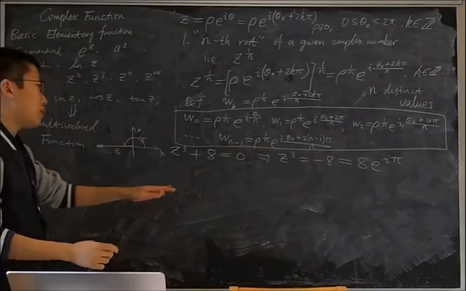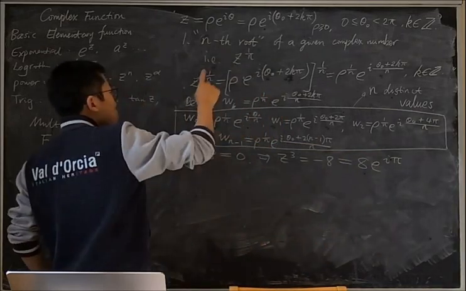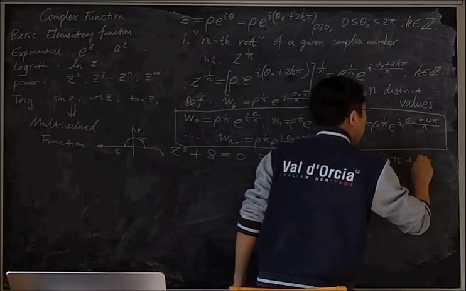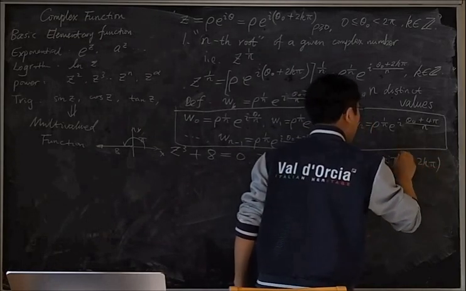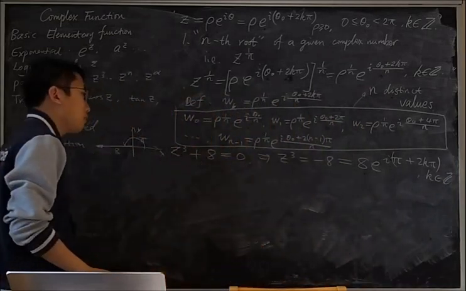So it's 8 times e to the i pi, and when I take the root, of course, I don't really write i pi, but I rather write pi plus 2k pi, and k could be any integer.